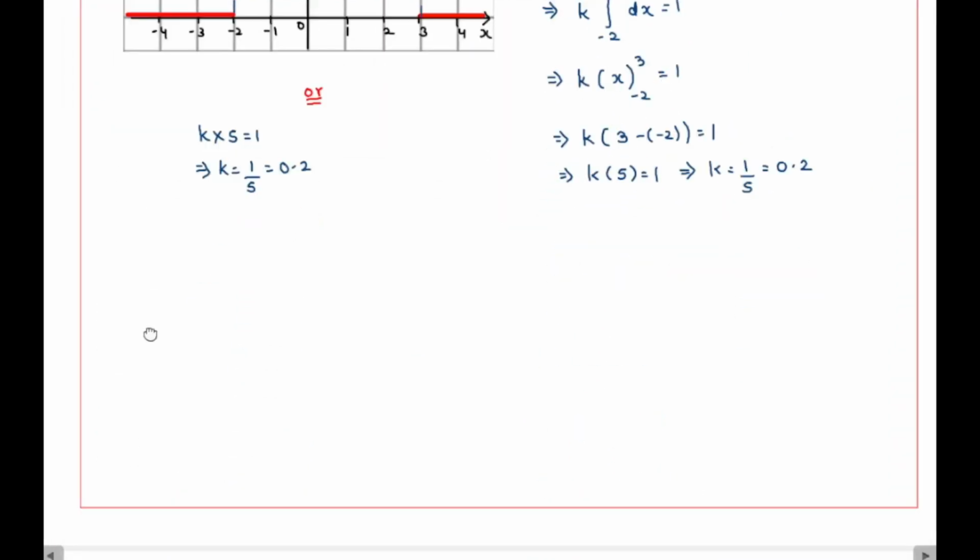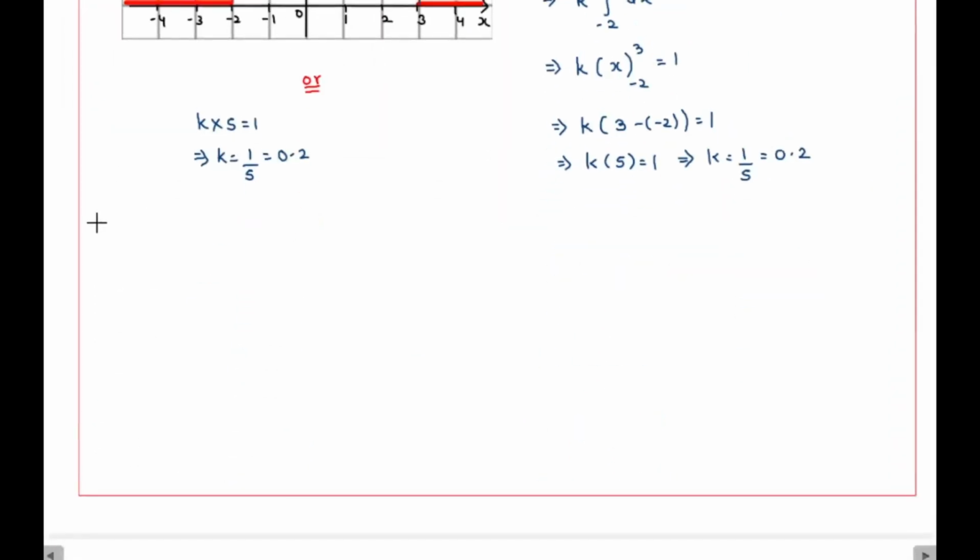So you might have studied in Pure Math 3 that mod of x being less than 2.5 means x is less than 2.5 and x is greater than -2.5, correct? So x has to lie between these two values, correct?